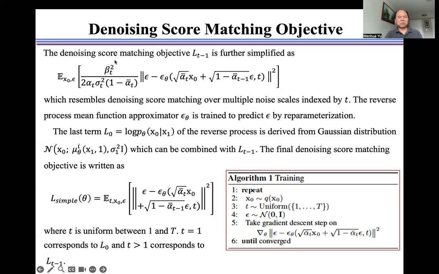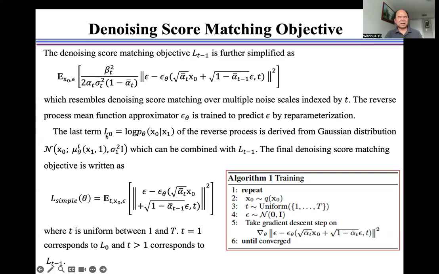The denoising score matching objective L t minus 1 is further simplified as here, which resembles denoising score matching over multiple noise scales indexed by t. The reverse process mean function approximator epsilon theta is trained to predict epsilon by reparameterization.